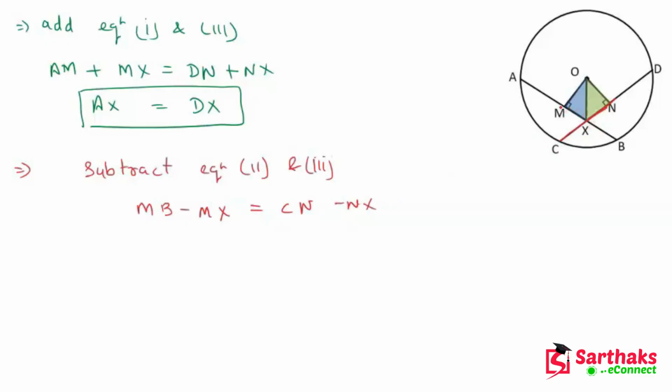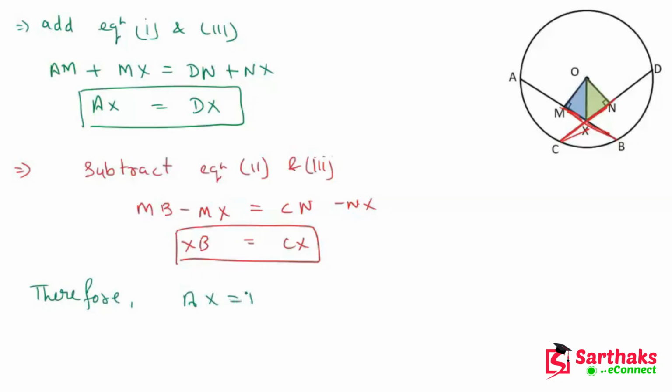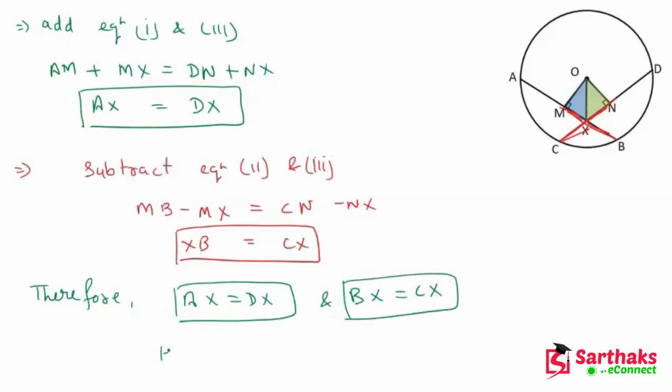If we subtract MX from MB, we get XB, which is equal to, if we subtract XN from CN, CX. Therefore we can write AX is equal to DX and BX is equal to CX. Hence proved. This is the required result.